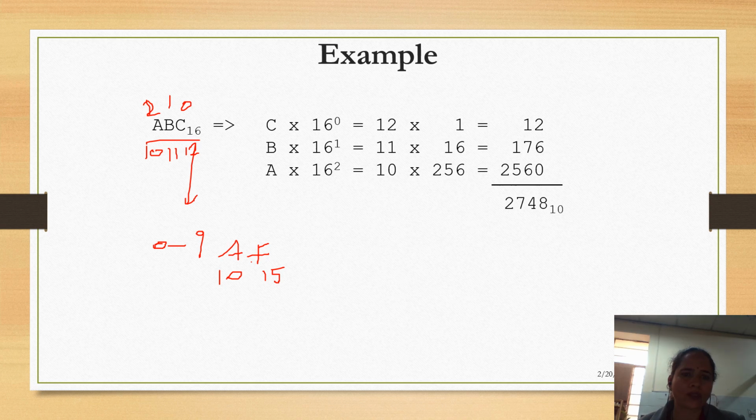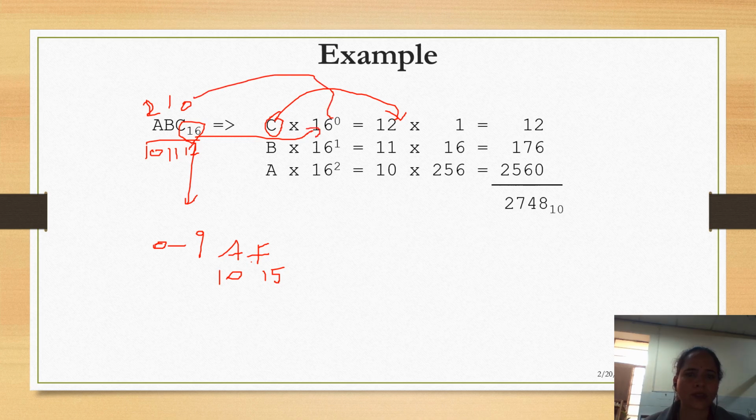Now we take the base and multiply the value with the power. So C is multiplied by 16 to the power 0; the value of C is 12, the base is 16 and the power is 0.